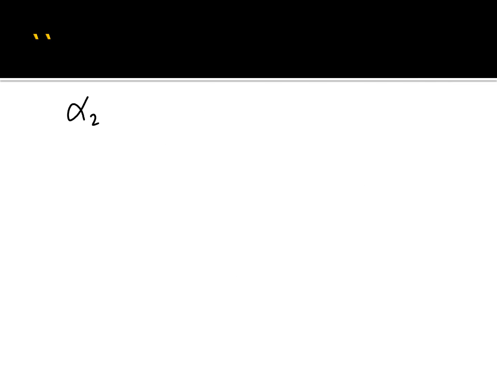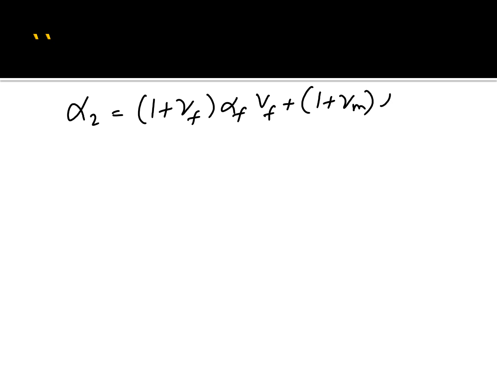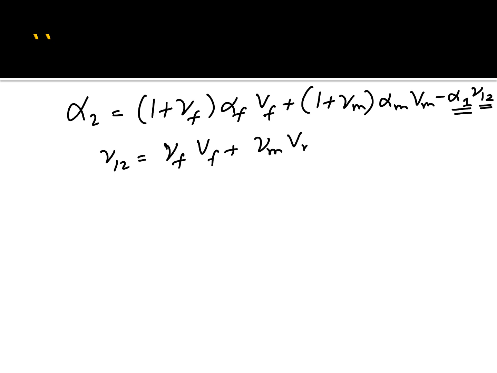Let's calculate alpha 2 now. Alpha 2 is given, I'll write the formula again, just for the sake of completion. So you can very well see that before we start calculating the numbers and substituting, we do need the value of alpha 1, which we calculated in the previous slide. We do need the value of nu 12, which is the in-plane Poisson's ratio, the major Poisson's ratio, where nu 12 is nu f V f plus nu m V m.